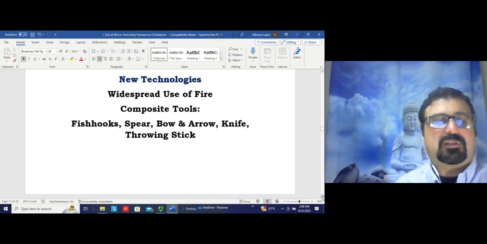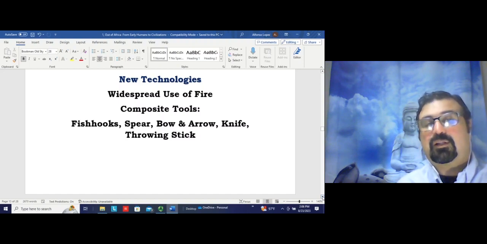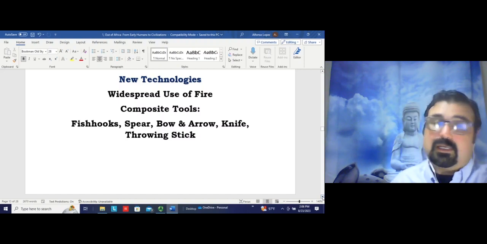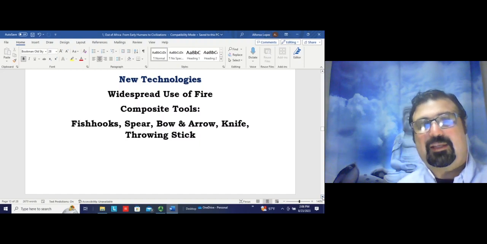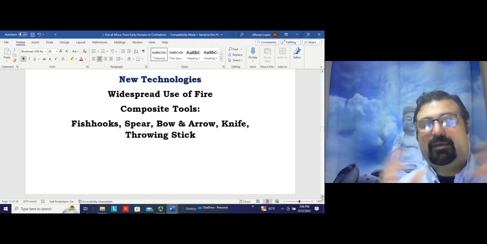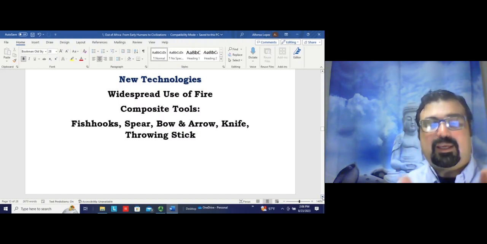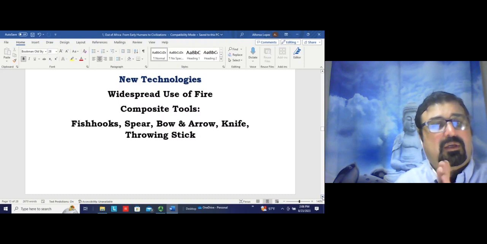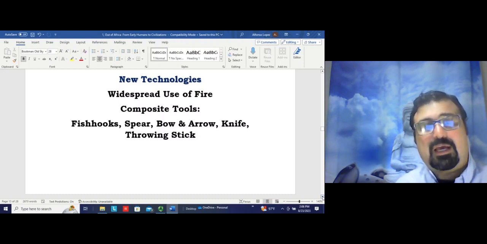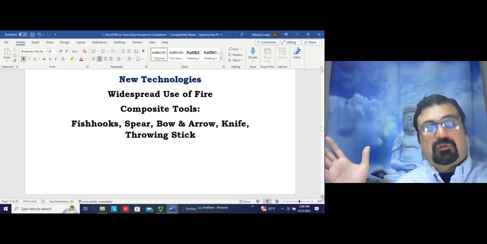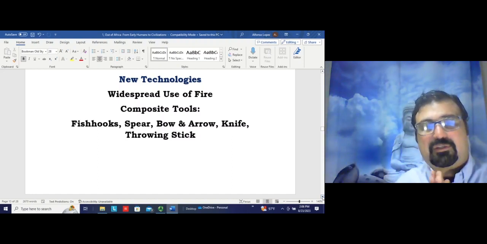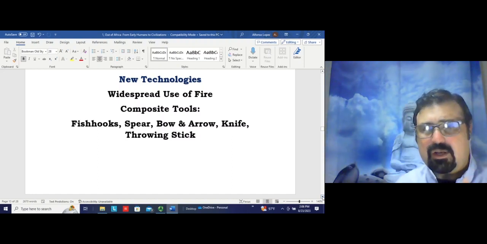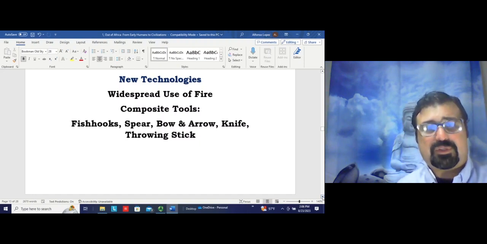The spear, for example, is another tool for hunting. The bow and arrow is highly sophisticated. Again, just to be thinking about a weapon to be used to hunt, for example, deer or other animals in this fashion. Again, it exhibits the use of the higher mental capacities in this case. Knives and the throwing stick.